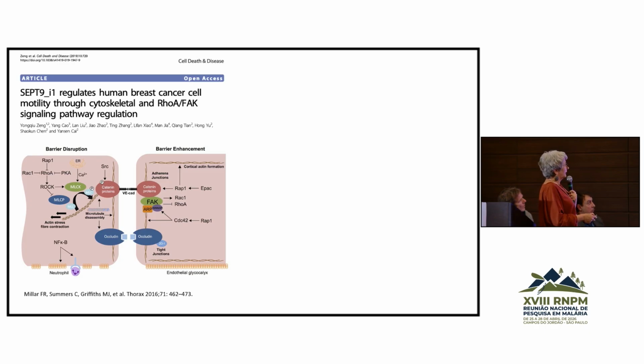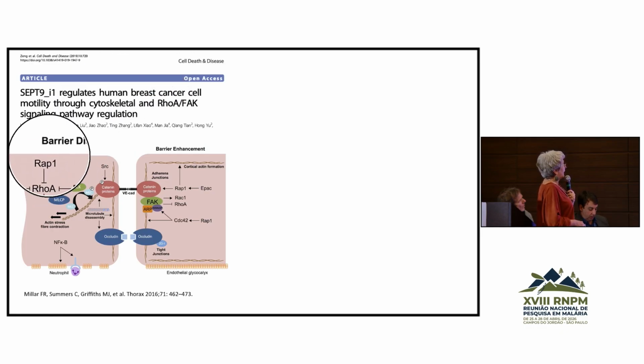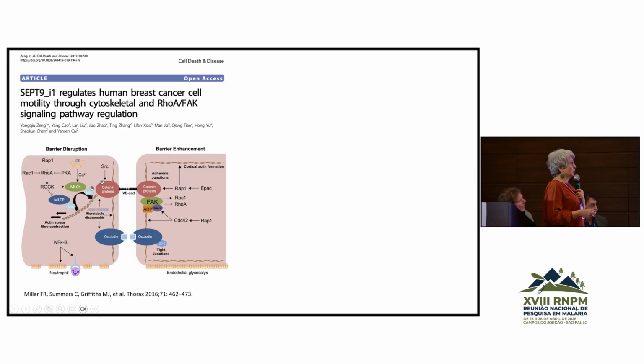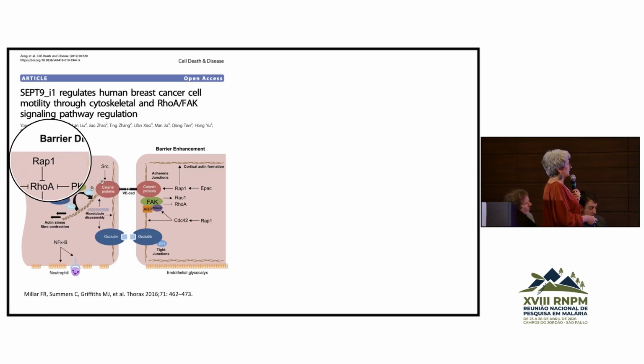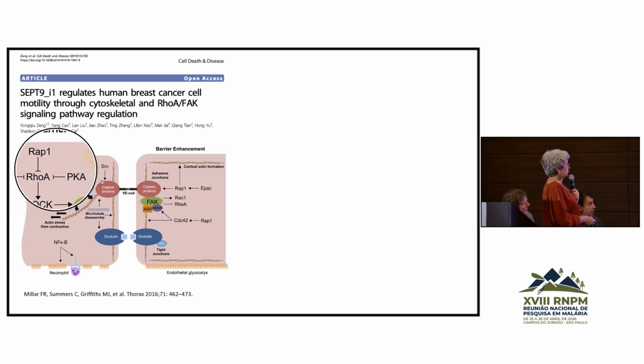And another piece of information in our searches regarding septin 9, we saw this paper. It was very illustrative in the sense that the motility of the cytoskeleton can be carried out by the activation of RhoA.